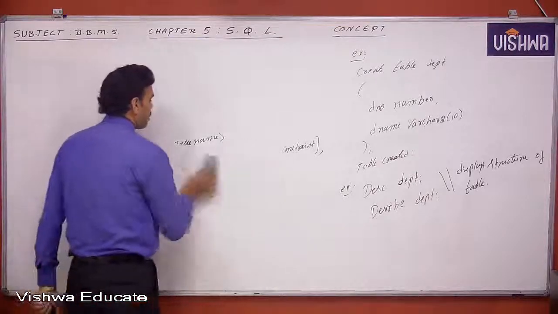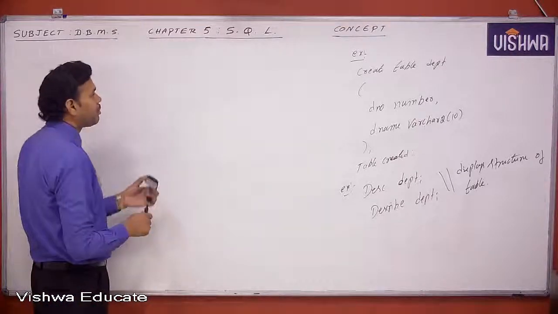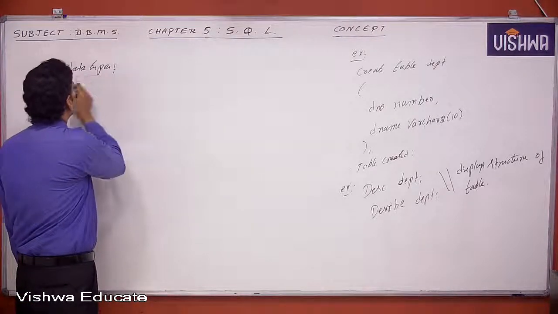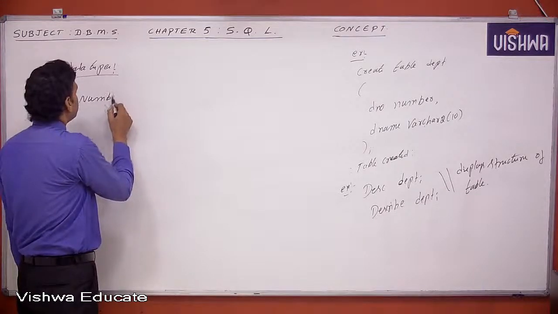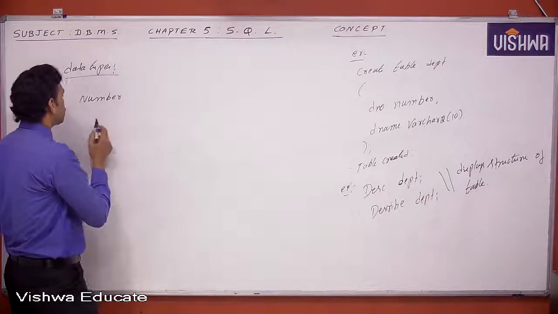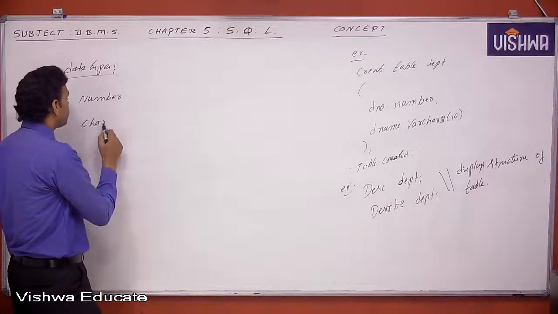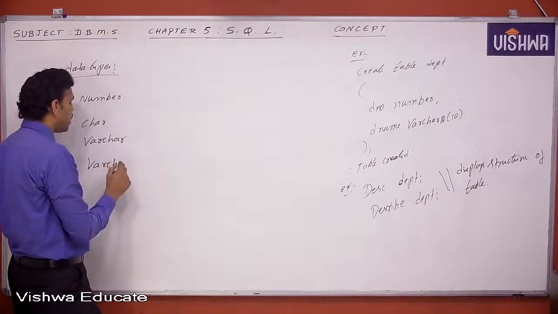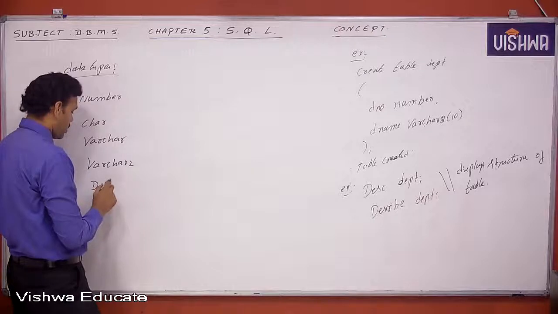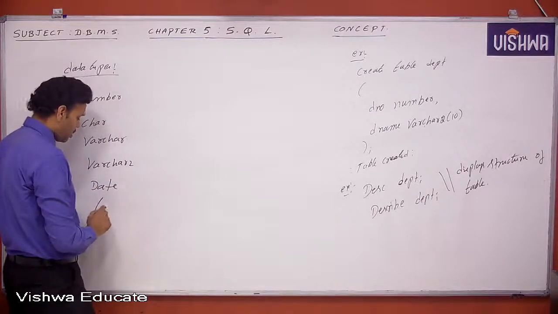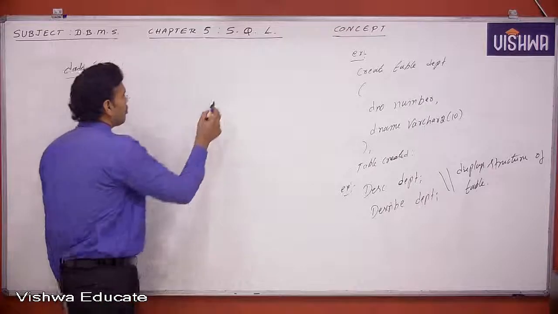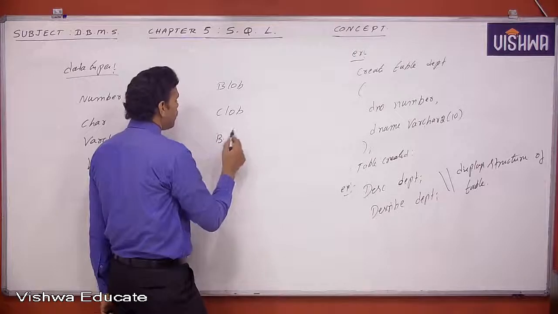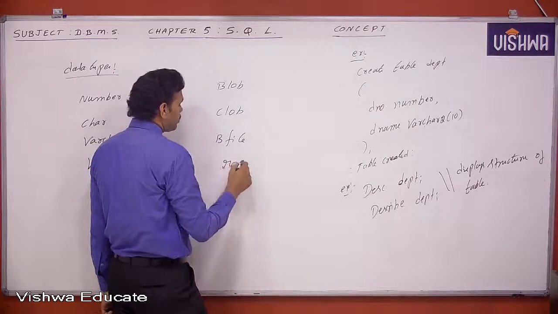The data types are, start with number. Number, character, varchar, varchar2, date, long, blob, clob, bfile, row.